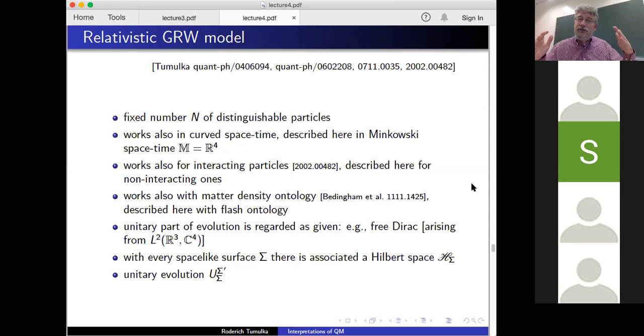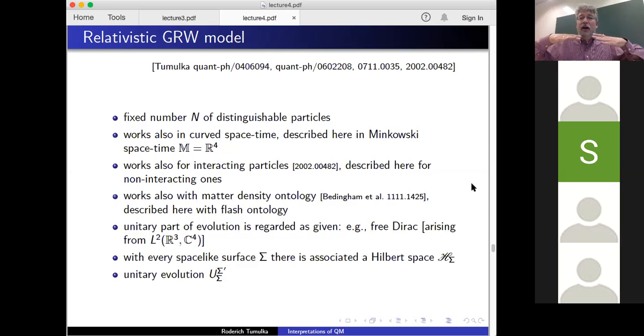Now you know that in GRW theories, you have kind of ordinary unitary evolutions somehow interrupted by collapses. The unitary part of the evolution will be regarded as given. So for example, it could be free Dirac equation. And I will assume that with every space-like surface sigma, there is associated a Hilbert space H sigma, and that the unitary evolution is an operator from H sigma to H sigma prime.